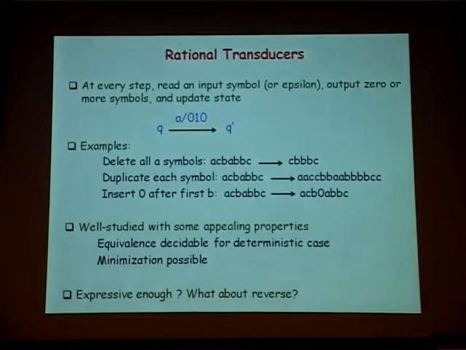And these are very well studied, and there are some nice properties. For the deterministic rational transducers, equivalence is decidable. It turns out that the basic intuitions about automata hold, but still require a lot of work. In particular, what could happen is on two different paths, you may output exactly the same sequence of outputs.